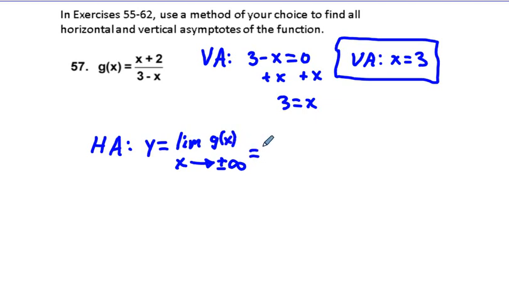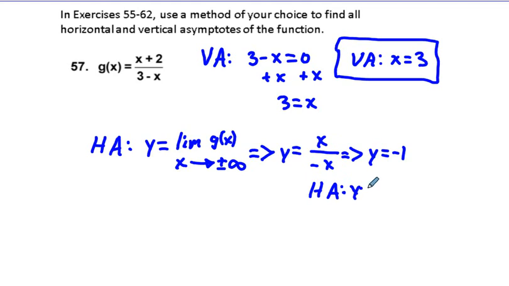So for us, we're looking for the highest power of x. In the numerator we have x, and in the denominator we have negative x, which is going to be y is equal to negative 1. So our horizontal asymptote is going to be the equation y is equal to negative 1.